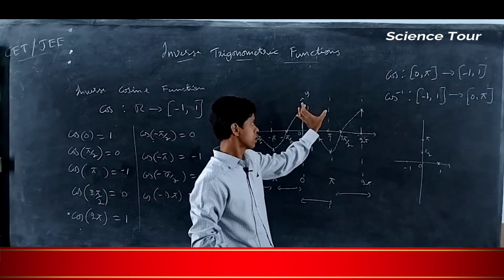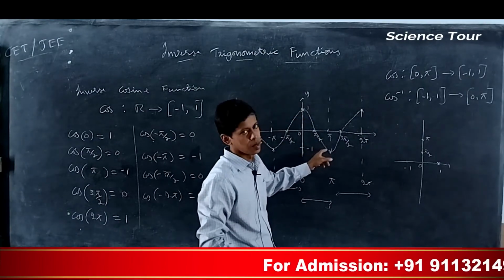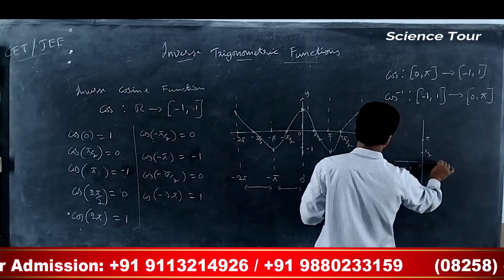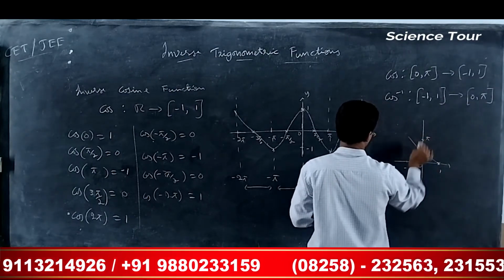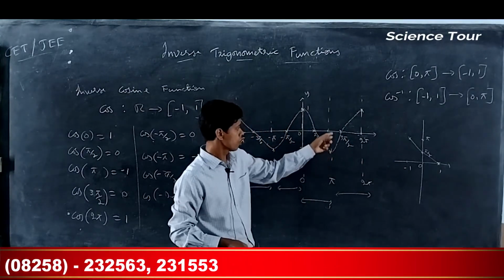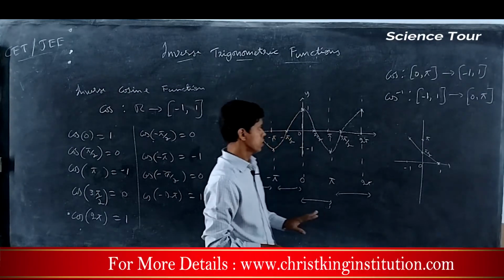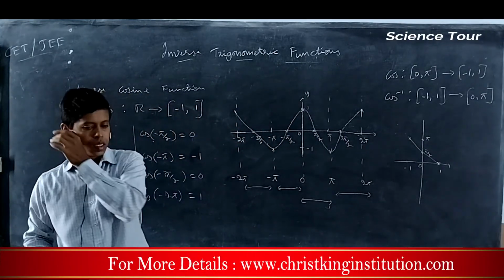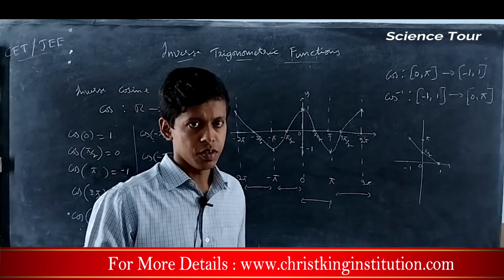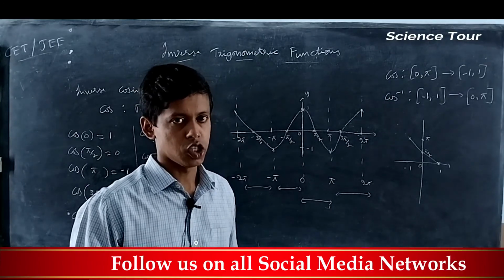All right, so from 1 to minus 1, so it will come like this. So for minus 1 it will be pi. All right, so only that branch is enough for us, and that is the inverse cosine function.